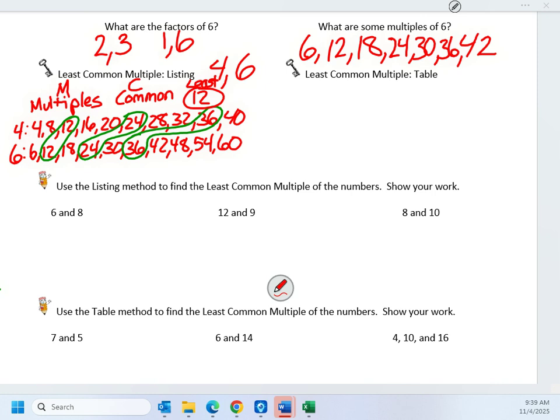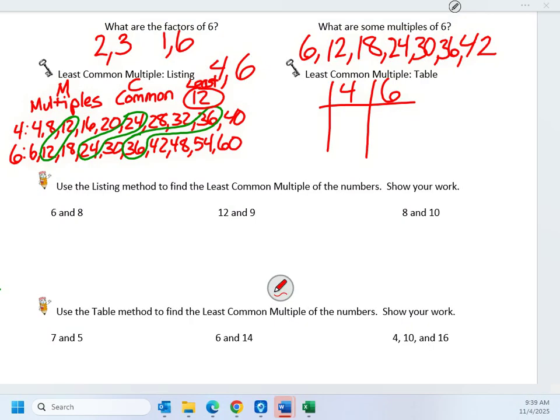Now, for greatest common factor, we learned how to use the table method. We're going to do the same table method with an added twist to see how we can find the least common multiple. So if I still have that 4 and 6, I make my table. What do you think I'm going to need to do?